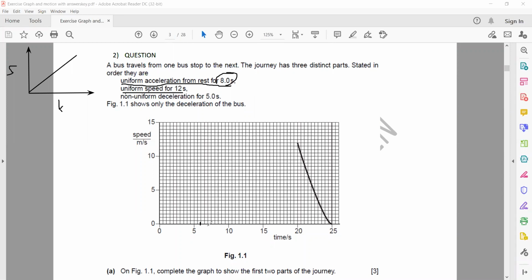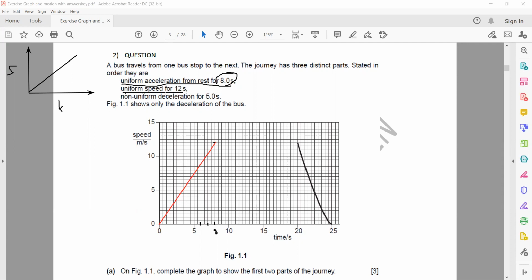So 5, 6, 7, and 8. So this will be 8. For 8 seconds it moves with a constant acceleration, and they mention it starts from rest. If something starts from rest, its initial speed should be 0. So it starts with 0 and moves with a constant acceleration.